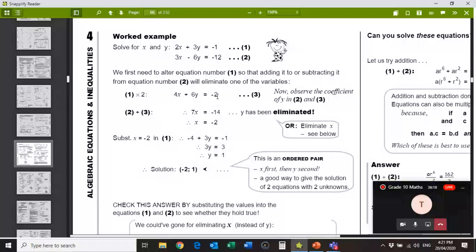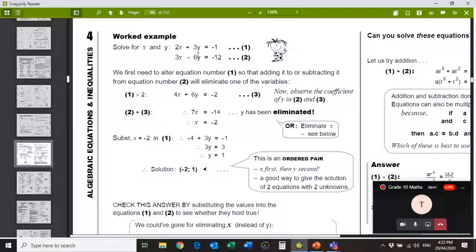Now, I'm supposed to minus it here, but if I put a minus here, it's going to change this sign as well, because minus times a minus, 6y, so then I'm going to get 12y, and that's not what I want to do.